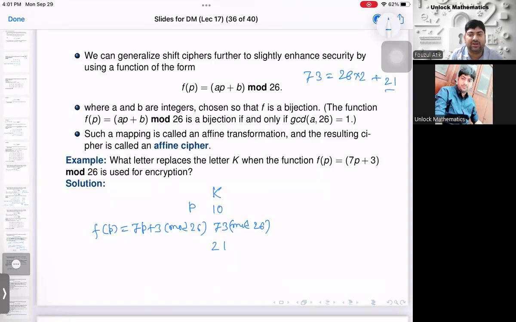Now what alphabet is represented by 21? It is V. So if you encrypt K by f(p) = 7p + 3 mod 26, that means the affine cipher, your encrypted alphabet will be V. I hope this is clear.